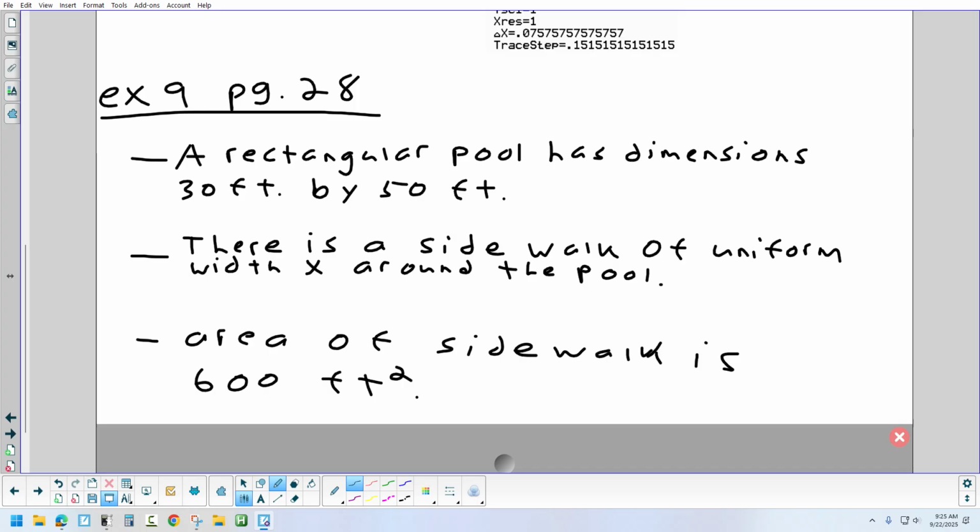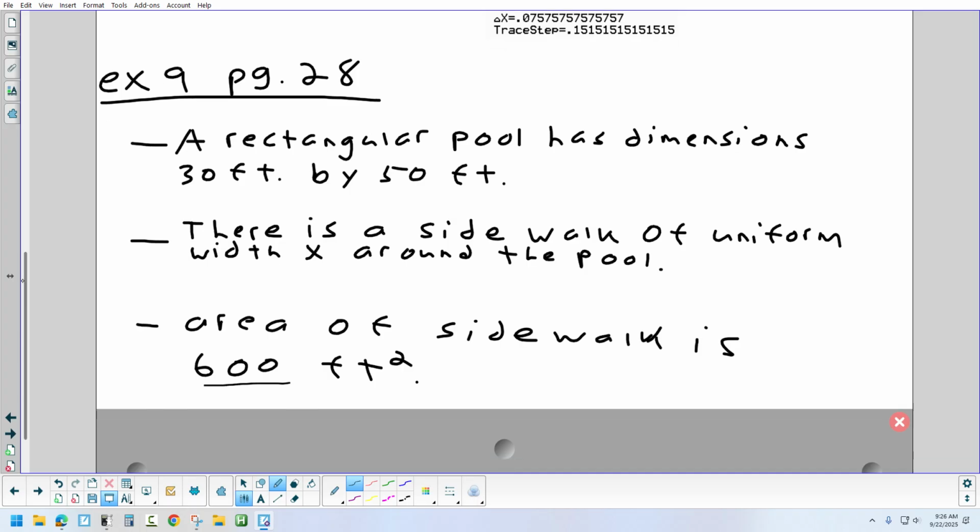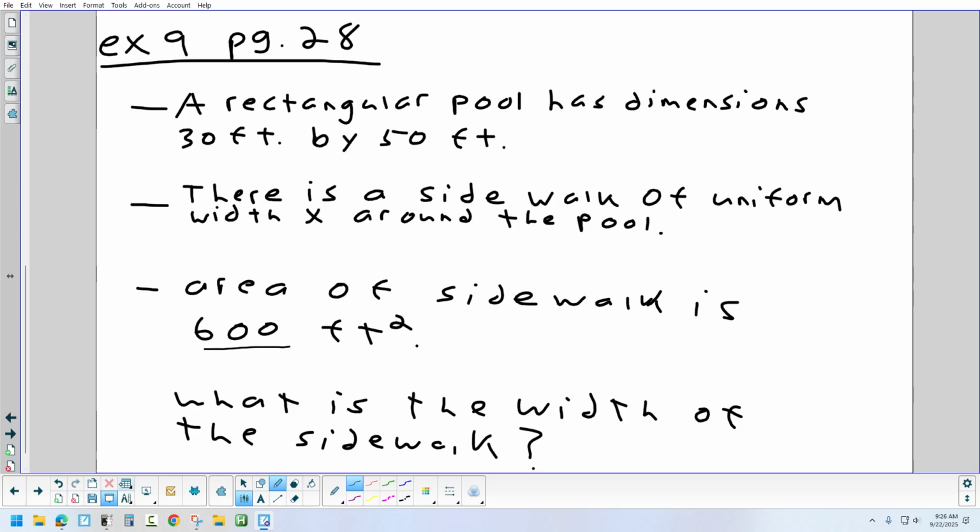There's also a sidewalk all the way around the pool. The sidewalk is the same width all the way around. We don't know the width of the sidewalk. That's what they want us to find. But they do tell us the area of the sidewalk is 600 square feet. And they want us to somehow use all that information to find the width. Okay, so there's a lot of information there, and it's all in sentence form.